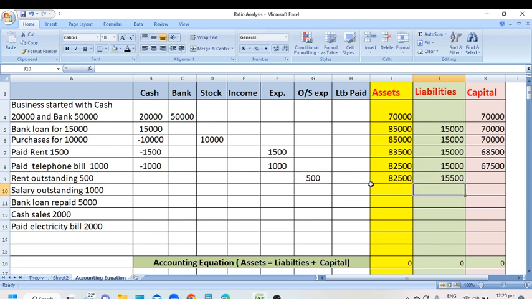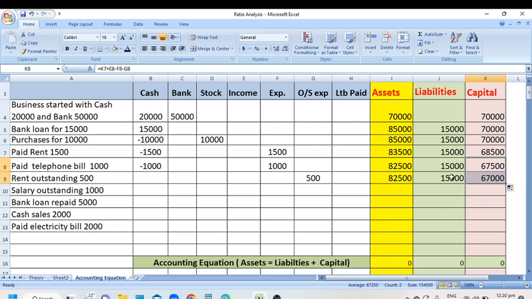Even I told you already, outstanding expense affects what? Capital as well, right? It doesn't matter whether it is an expense or outstanding expenses, it will be deducted from the capital, because in future you have to pay that amount. So the asset is the same, the liability is added and the capital deducted, and definitely it balances here.